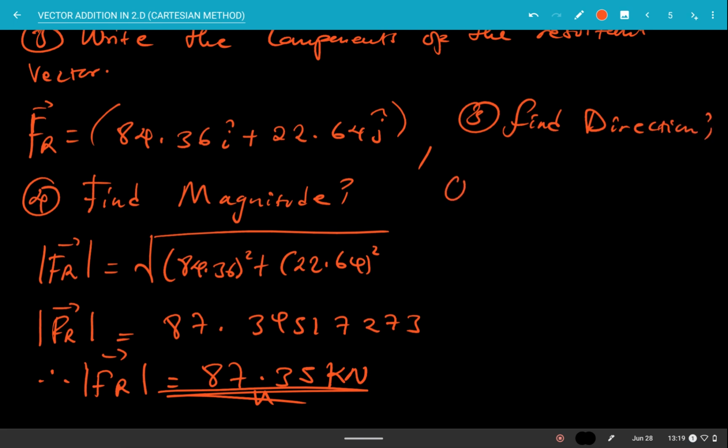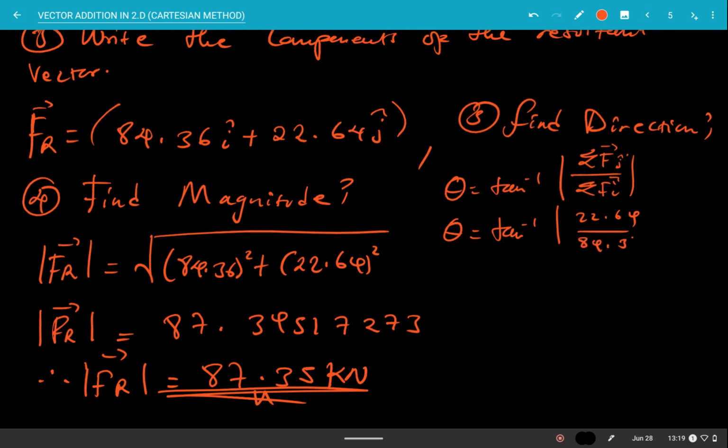The direction is theta being equal to tan inverse of the magnitude of the sum of the forces in the y. So that's being the j component over the sum of the forces in the I component. So we're having tan inverse of 22.64 over 84.36.